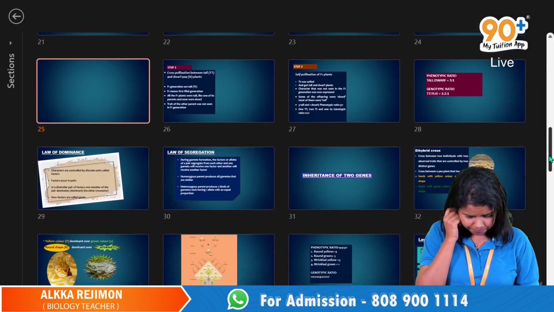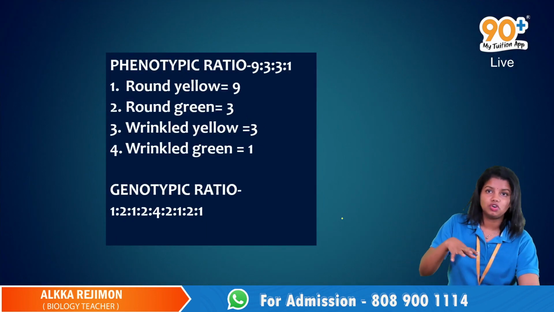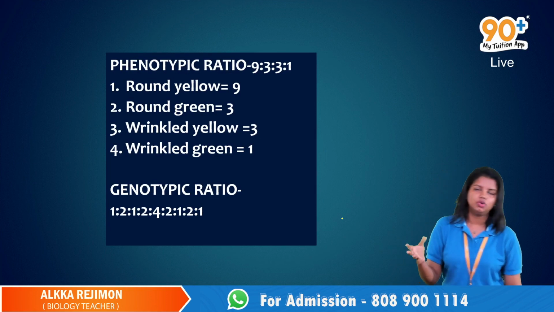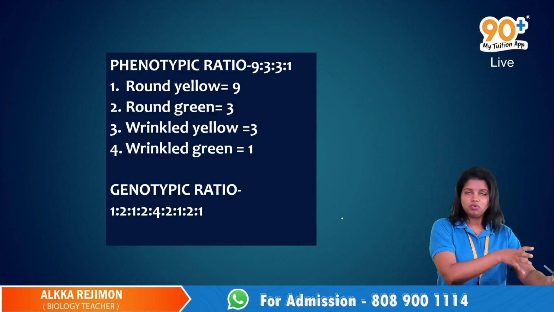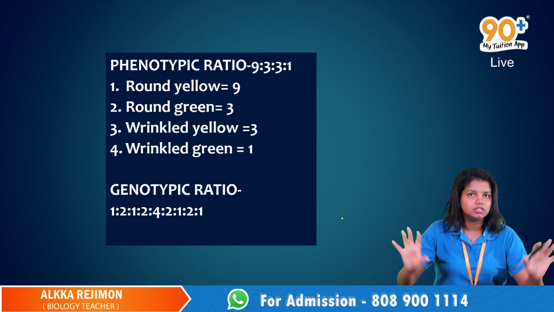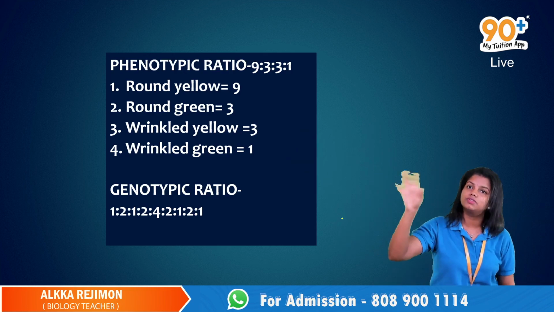And in the case of dihybrid cross, you can see a different ratio. Round yellow, wrinkled yellow, round green, wrinkled green would be in the ratio of 9:3:3:1.